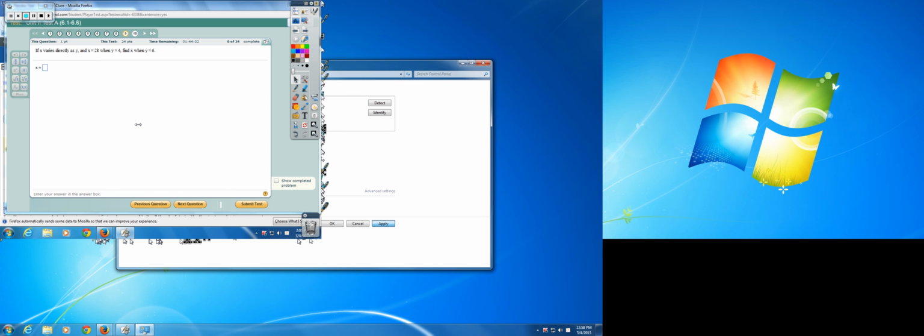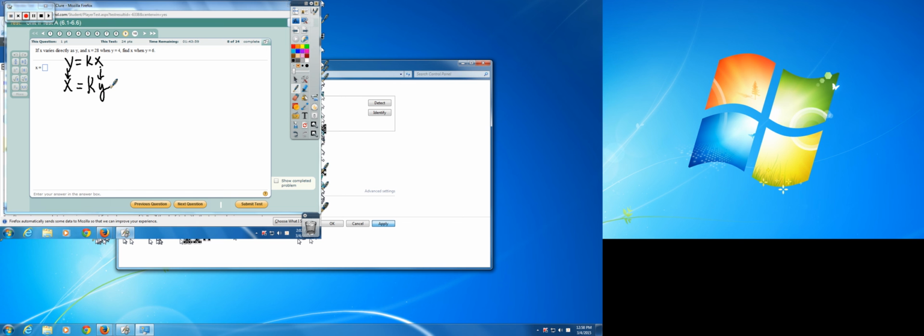It says if x varies directly as y and x is 28 when y is 4. So x varies directly as y. Well, what is our directly? Y is equal to what? K times x. So they're going to say this is a stupid problem. I would never do this. But anyway, K and this is y. Okay.